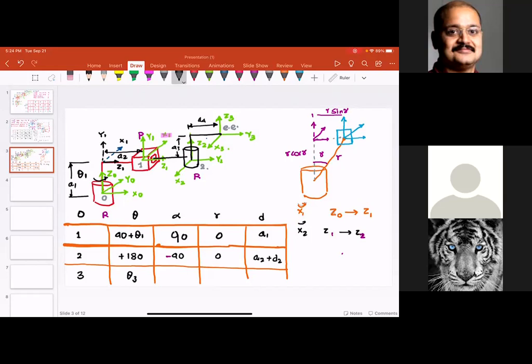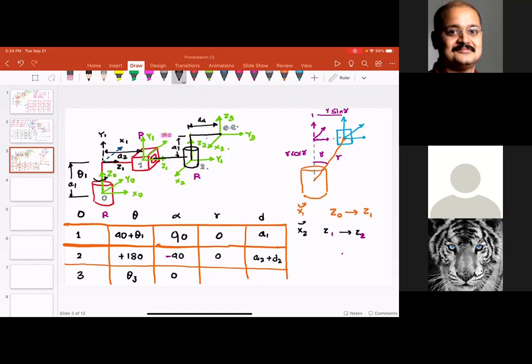Then alpha is 0. Now what happens to R? Can you tell me what I should write as R? So R is the distance. Now it's very easy to check. R is the distance between the n-1 frame, which is the second frame, and the third frame along xn.